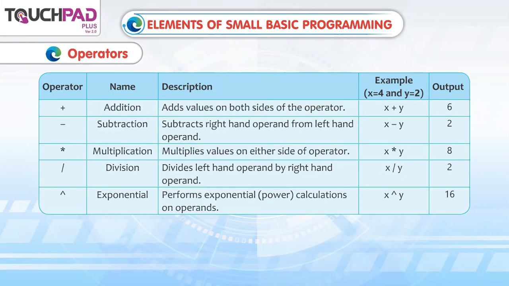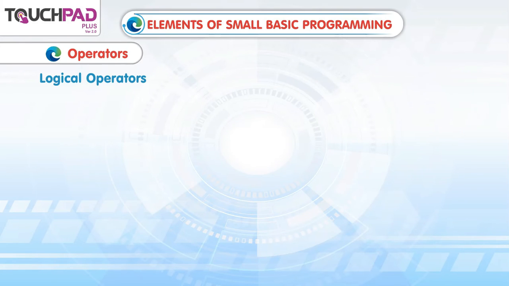Slash, division, divides left-hand operand by right-hand operand. x / y, output 2. Exponential, performs exponential power calculations on operands. x ^ y, output 16.